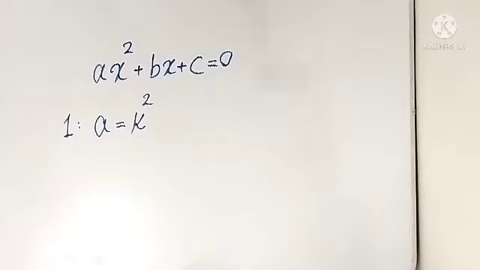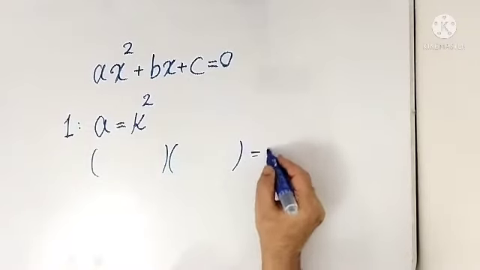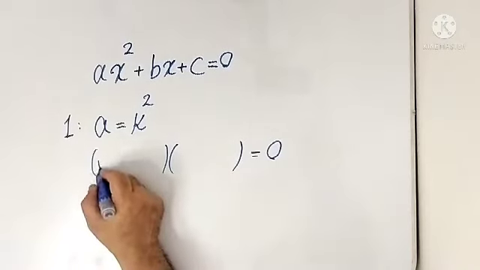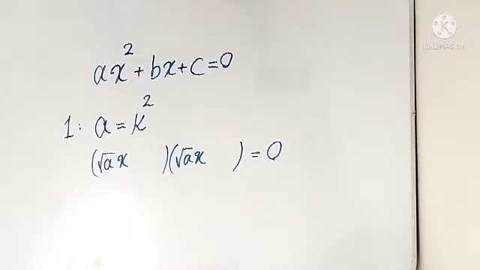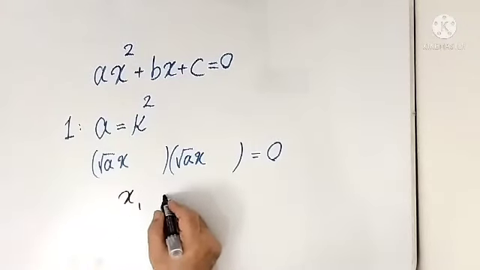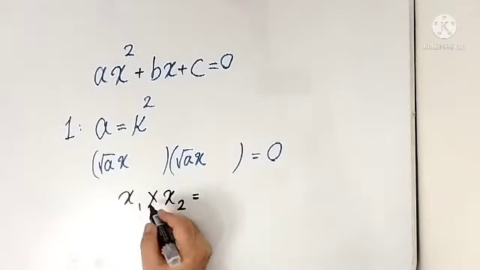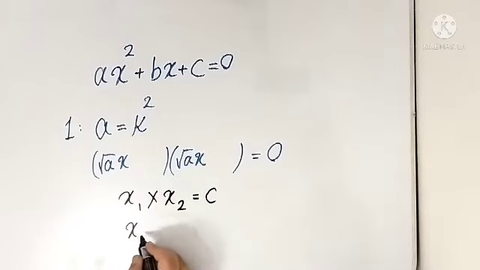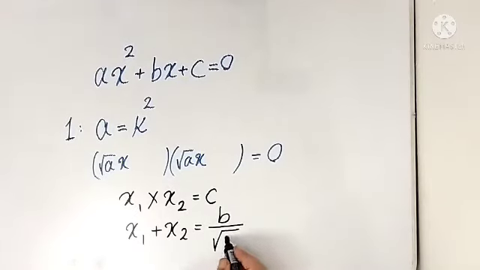In this case, we must form two factors starting with the square root of A x, then we must find two numbers like x1 and x2 that multiplied by them is c, and sum of them is b divided by the square root of a.